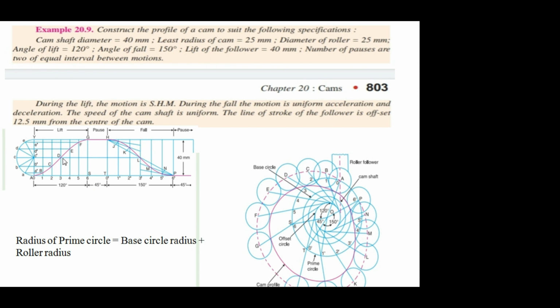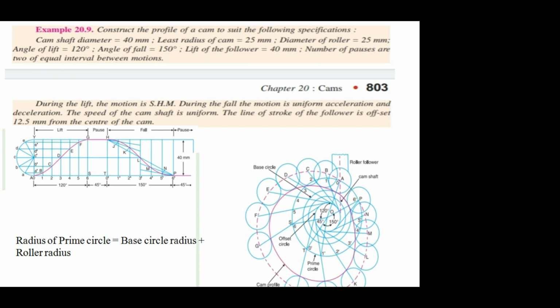Take distance 3d and mark it on the third tangent from point 3 on the prime circle. You have to mark those distances from the prime circle, taken from the displacement diagram. Don't mark the distance from the base circle. So you will get center points B, C, D, E, F, G.